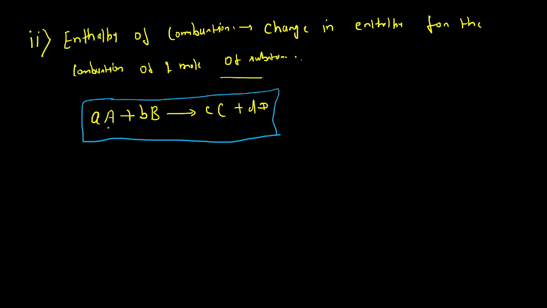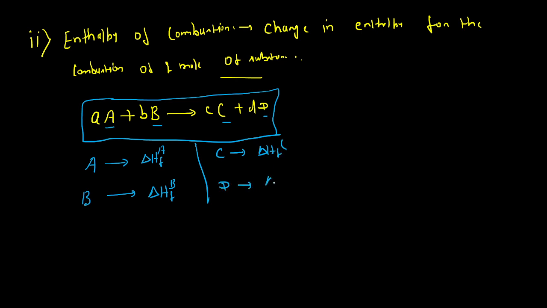So there must be an enthalpy of formation of A, of B, of C, and of D. The enthalpy of formation of A is delta H of formation of A, similarly delta H of formation of B, of C, and of D.